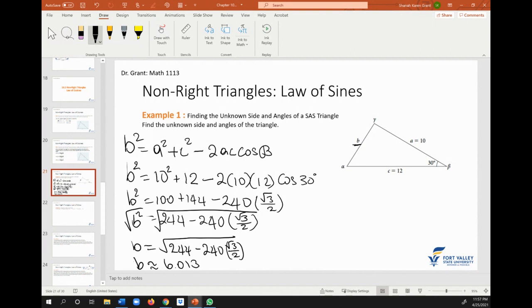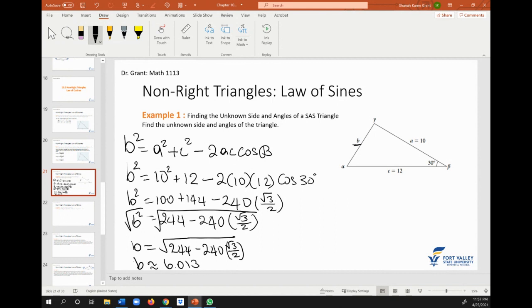So that's b, but we also need to figure out what alpha and gamma are. We can use the law of cosines to find the actual side b, and actually, you could use the law of sines as well, but we wanted to practice this. Now that we want to find the missing angles, we can also use the law of sines.